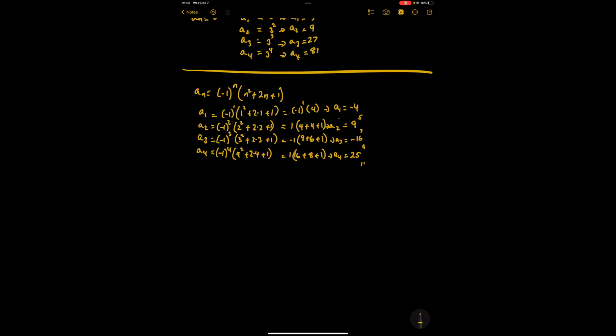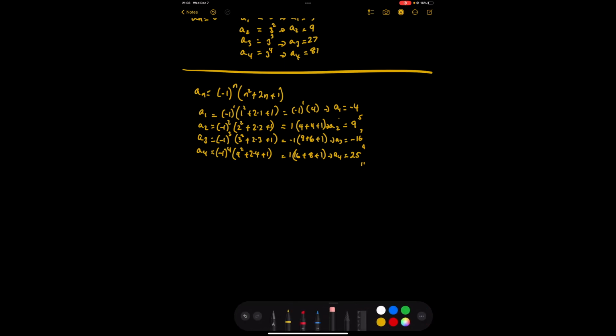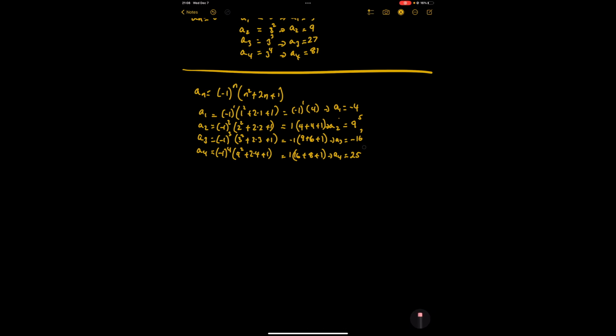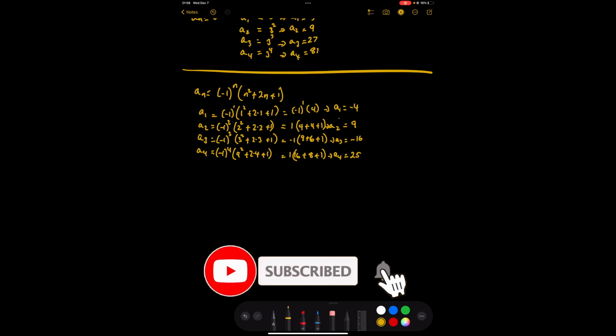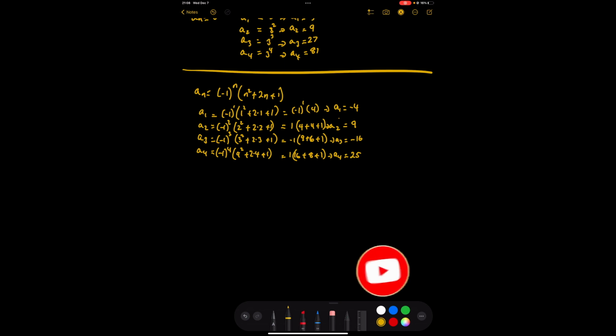So in any way, it's going to be 36 or negative 36. So it's going to be negative 36 after this one. So basically each is going to go by the next square number. Or 5, 7, 9, 11, 13, 15, and so forth.